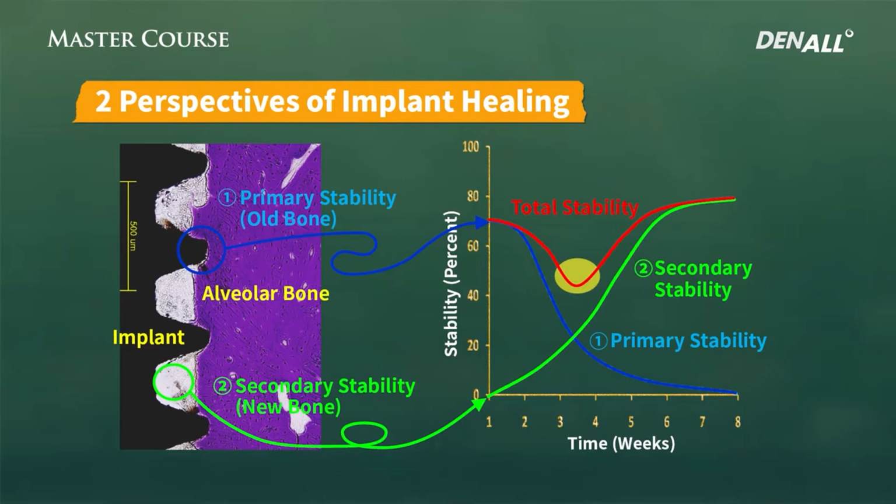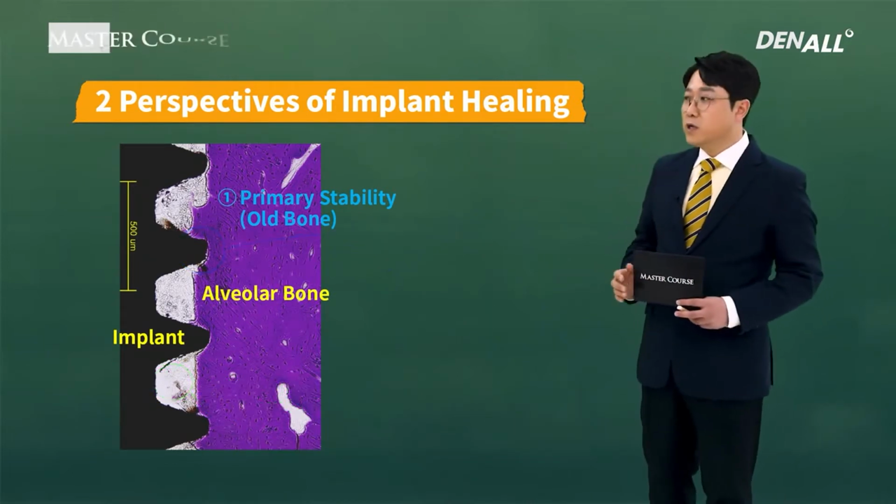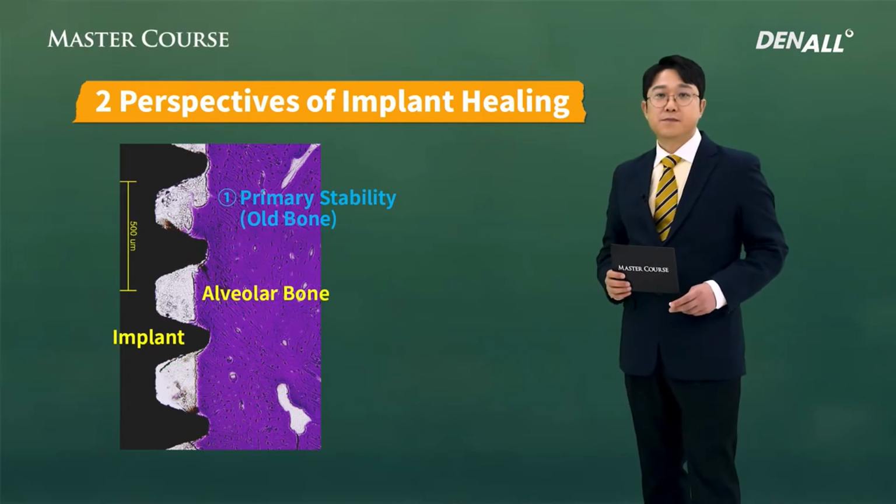Efforts have been made to improve the design and surface of a fixture to decrease the total stability dip. We need to look at the primary stability to address the issue. First, the primary stability.